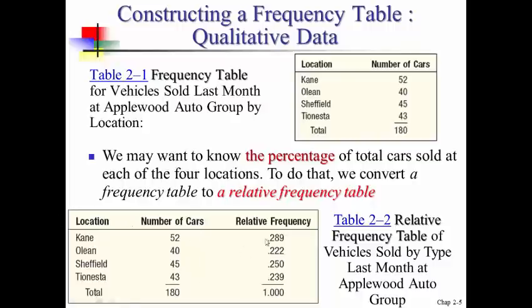But if you make another column by taking the frequency of each item divided by the total, we call it relative frequency. So table 2.2 is the relative frequency table. I think that you got the point. If not, okay, contact me.